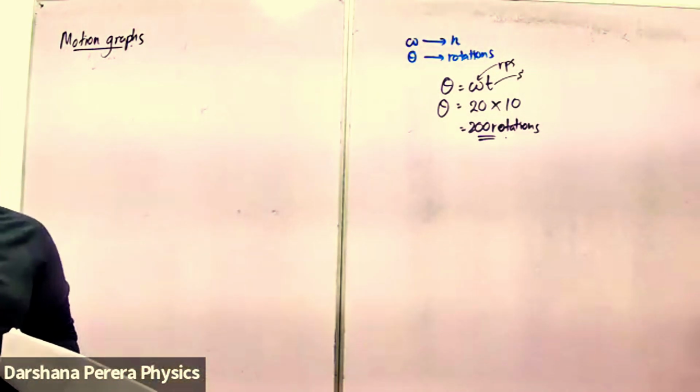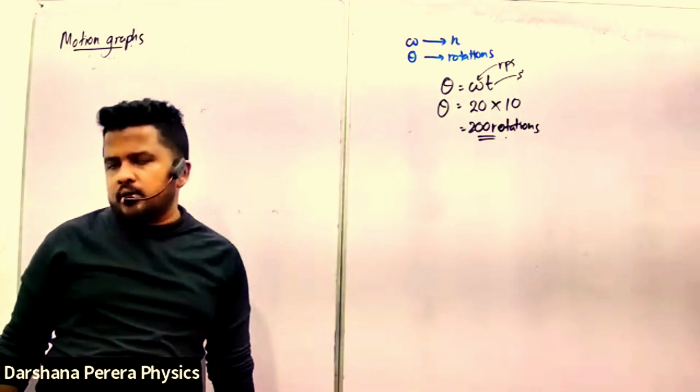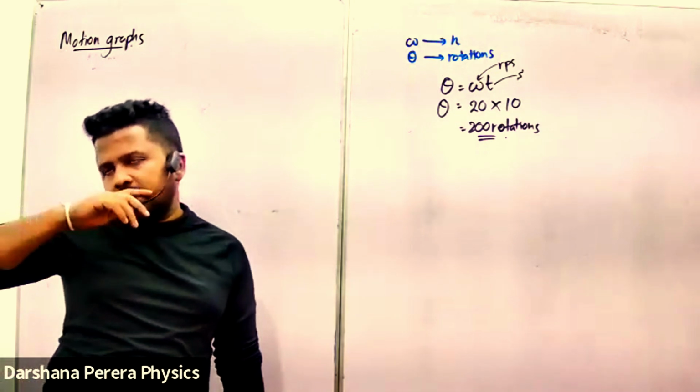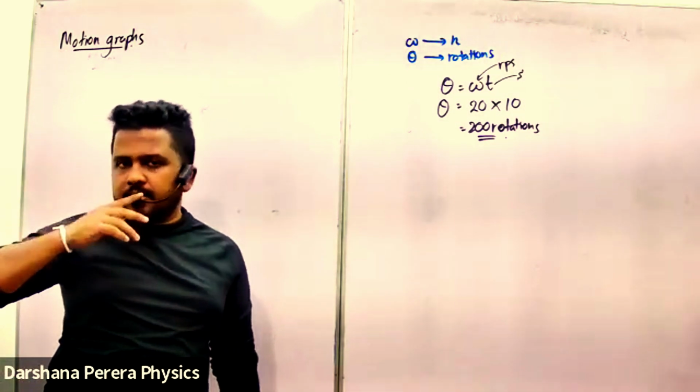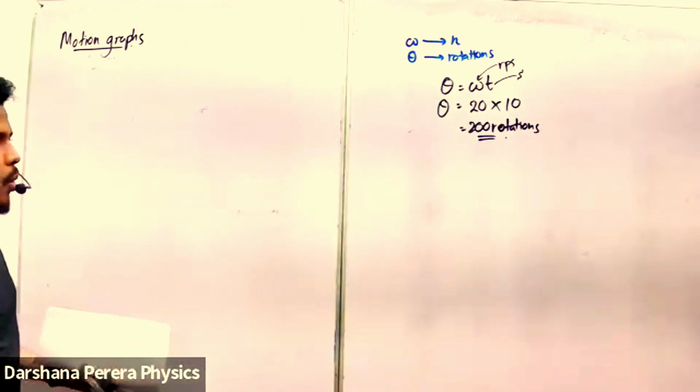We can take two columns, because the linear motion graphs are very similar to the rotational motion graphs.